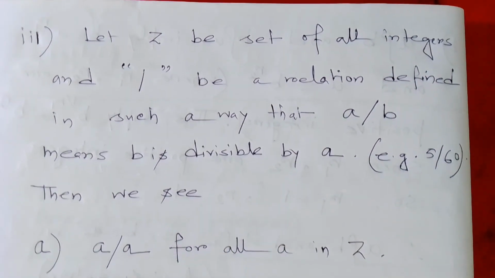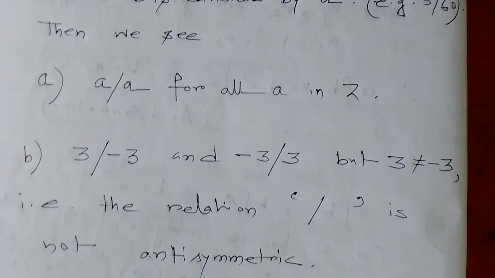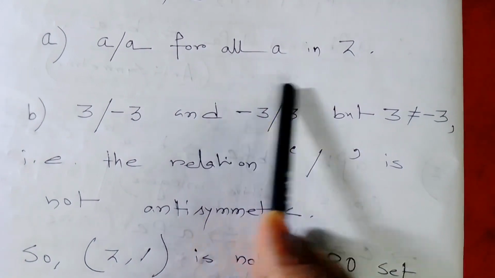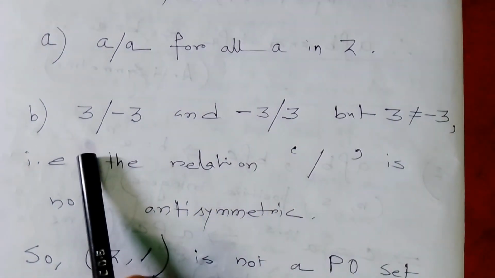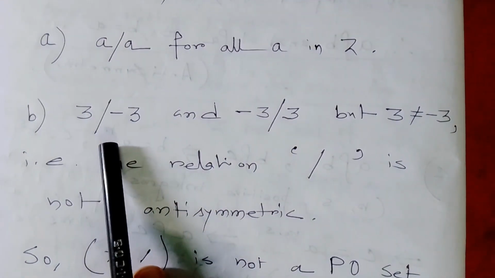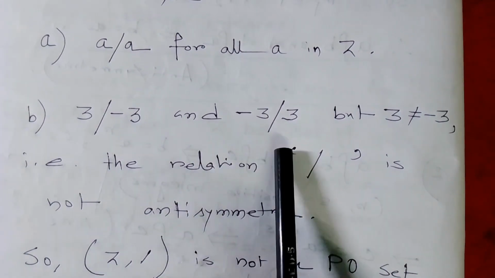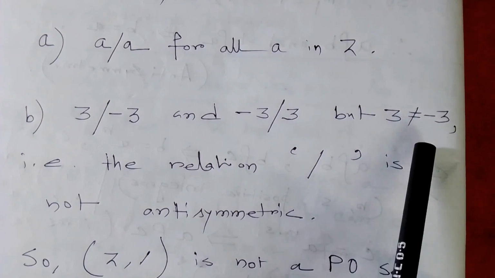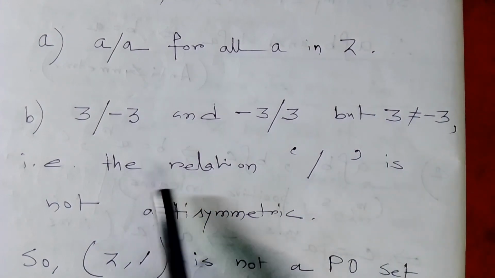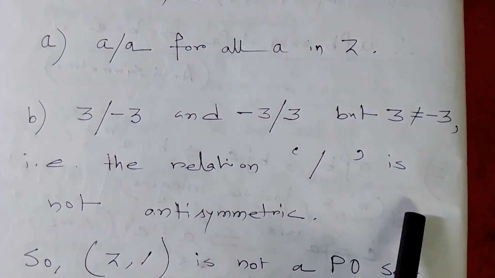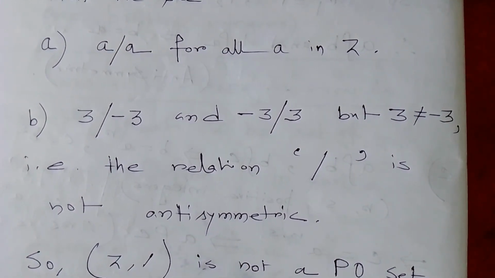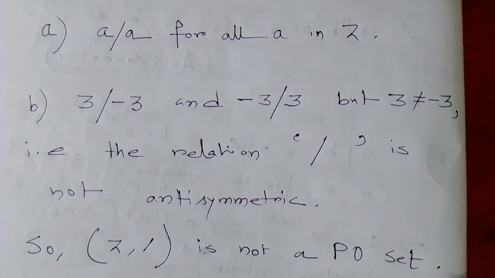Then we see A divides A for all A in Z. 3 divides minus 3 and minus 3 divides 3. But 3 is not equal to minus 3. So the relation divisibility is not antisymmetric. Hence Z with divisibility is not a POSET.